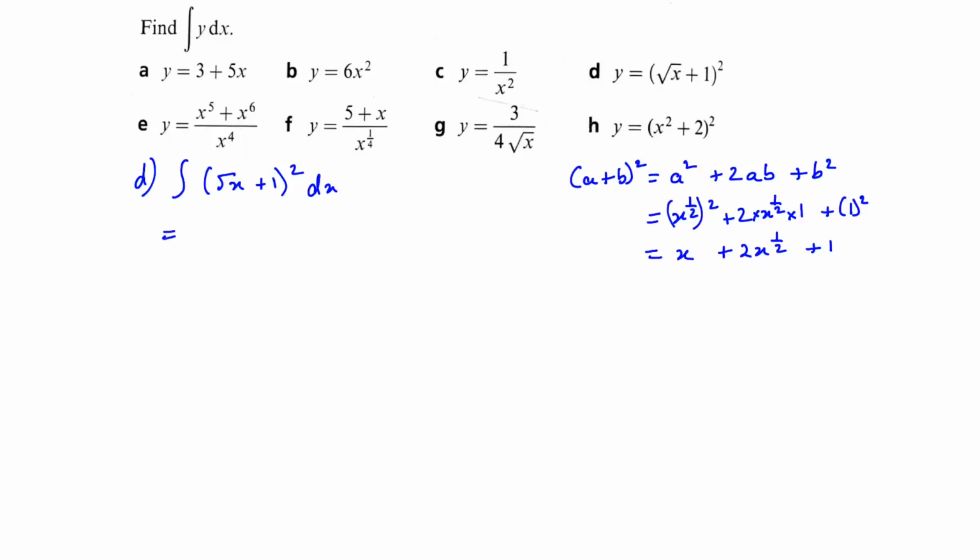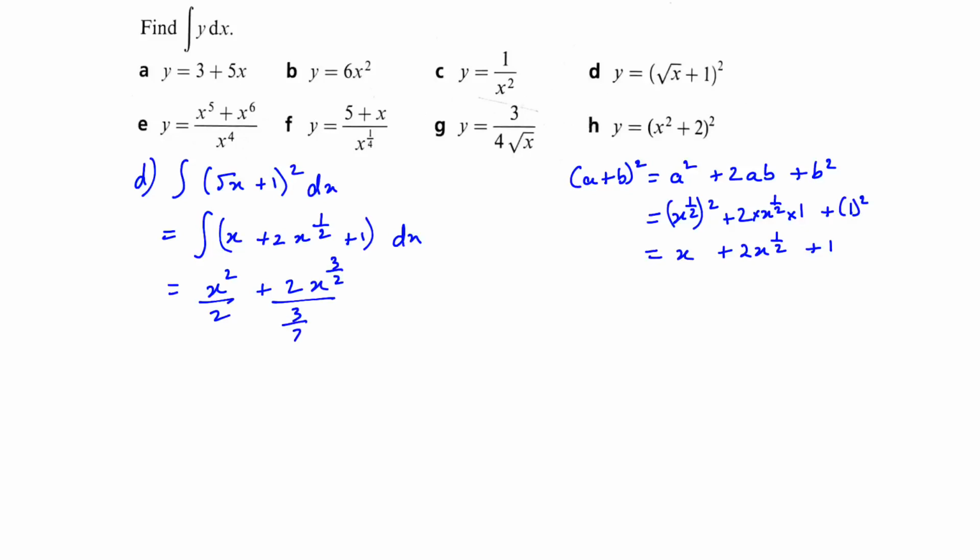Now when we are integrating, we are going to use the simplified version of the bracket. When we do that, we will get 1 plus 1, 2 over 2. Here you have the power as half. So half plus 1 will give you 3 over 2.